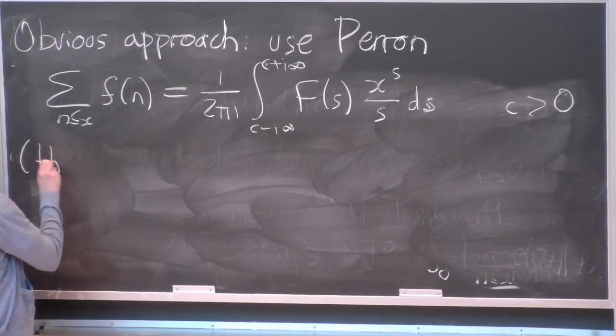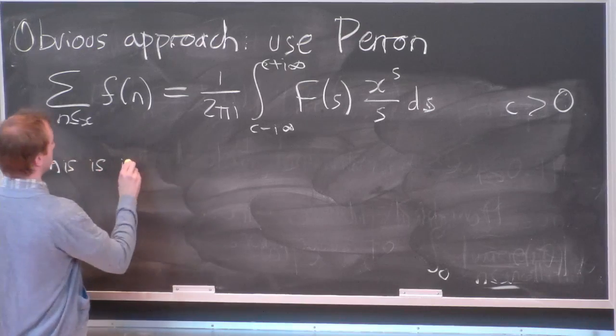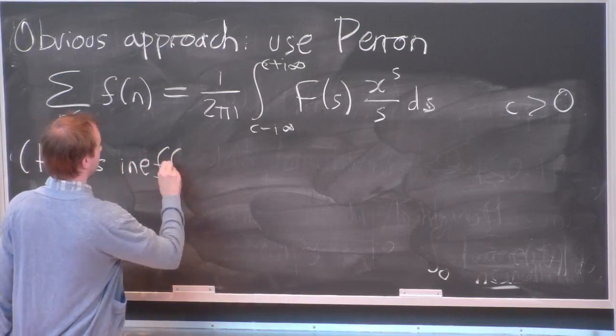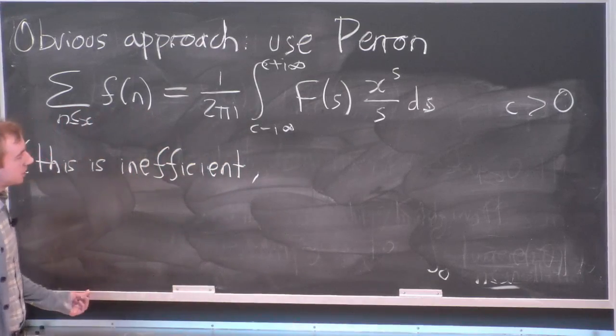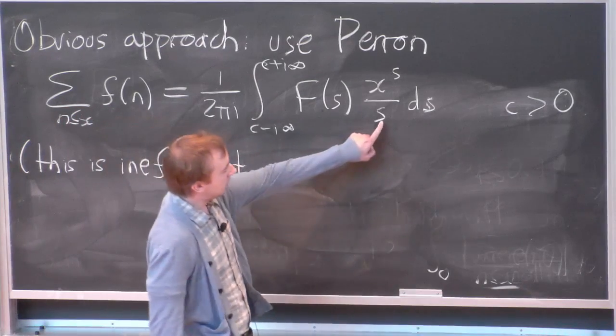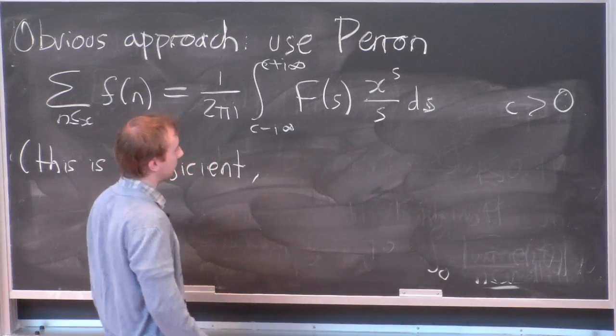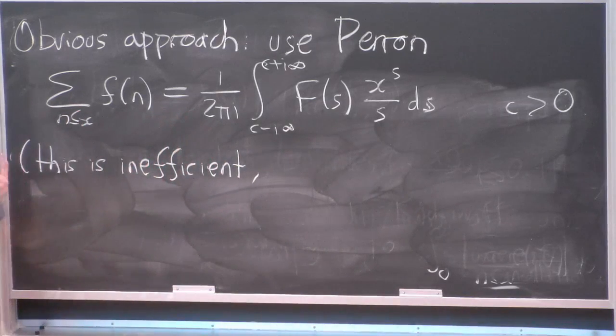So this is inefficient. Well, first of all, I have this 1 over s around, which isn't very good because I'm probably going to end up putting some absolute values inside the integral at some point.